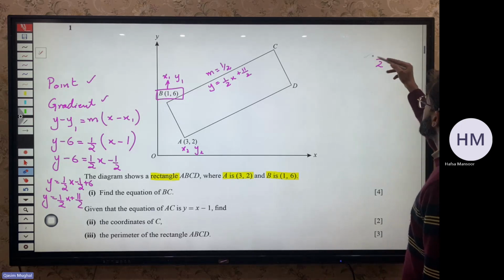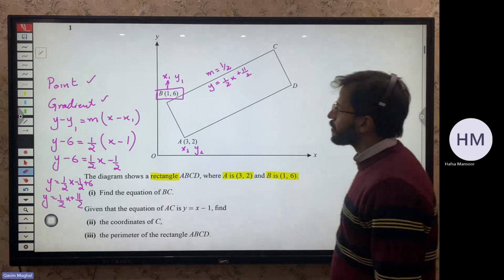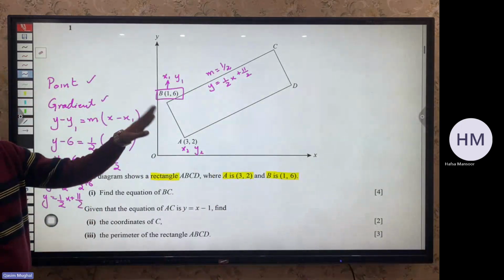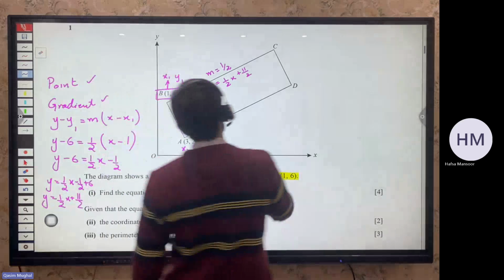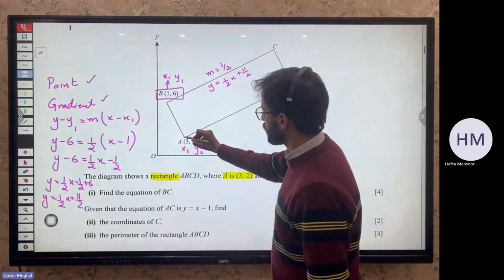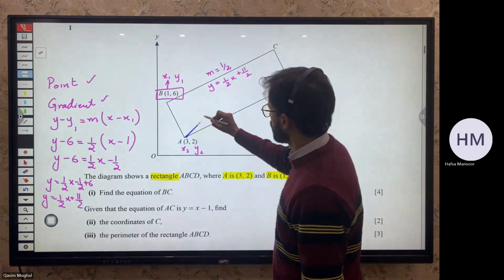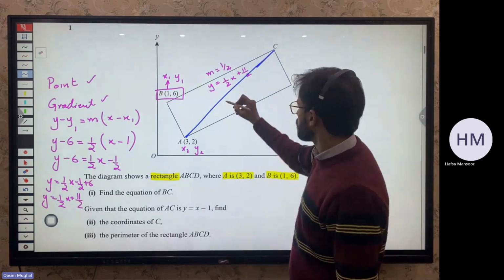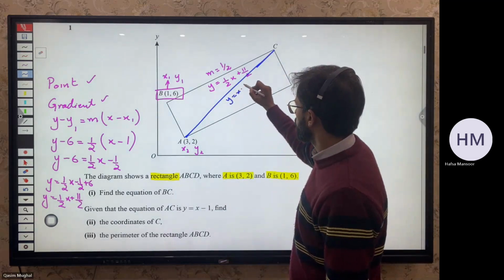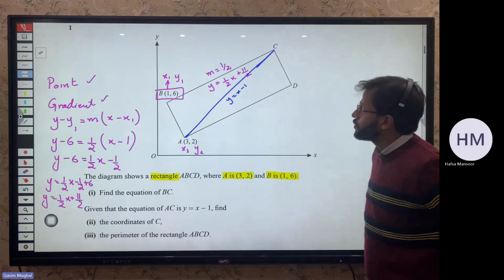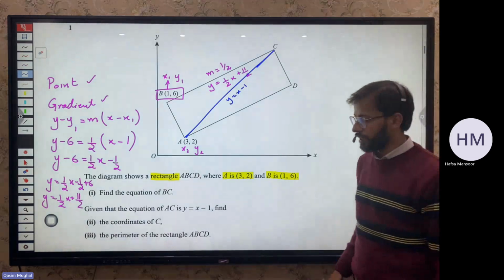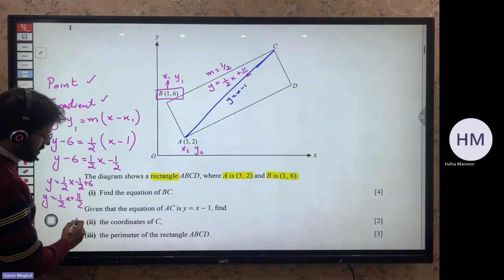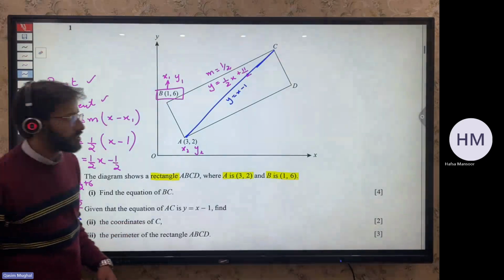Yes, it's a diagonal of a rectangle. So its equation has been given to you, and that equation is y equals x minus 1. Find the coordinates of C. After this information, the examiner is asking you to find the coordinates of C.